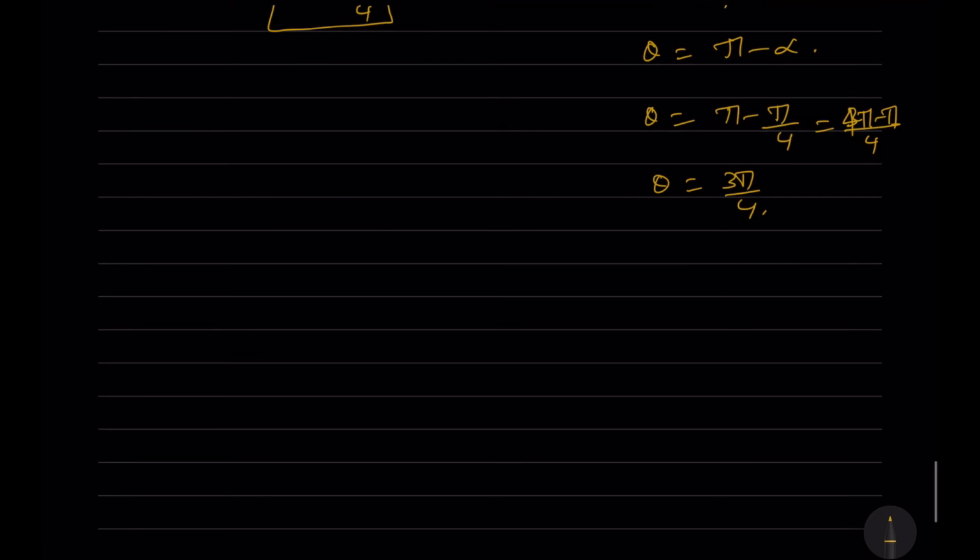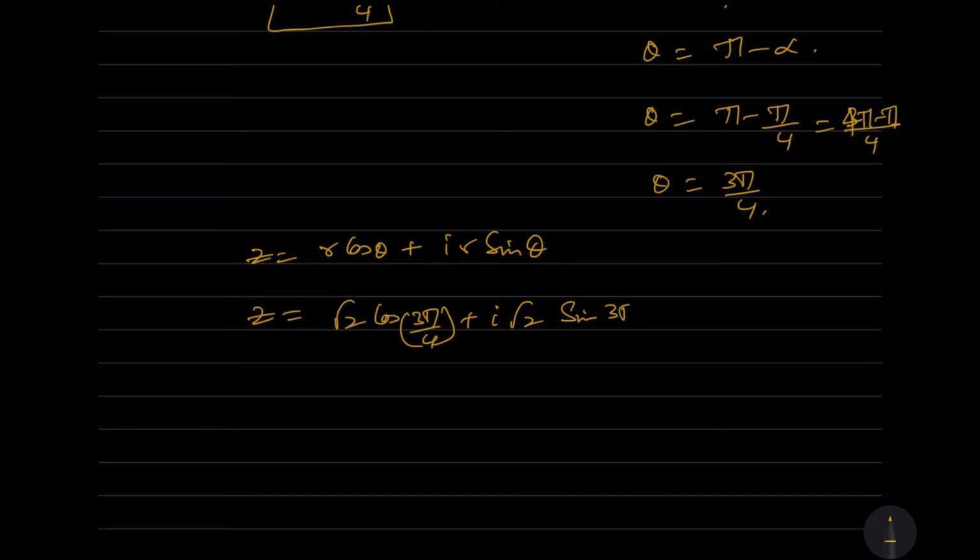So polar representation: z is equal to r cos theta plus i r sin theta. So therefore z is equal to root 2 cos of 3 pi by 4 plus i root 2 sin 3 pi by 4. If you remove root 2 common, this is nothing but root 2 times cos 3 pi by 4 plus i sin 3 pi by 4.